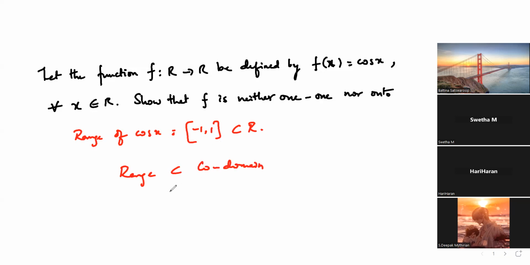Range is a subset of codomain means not onto, sir. Or to say it even more simply, 2 is a real value. Let us say 2 belongs to R. Can cos x value be equal to 2? Not possible. Therefore not onto. Any method whichever you like, you can apply, sir. No problem.